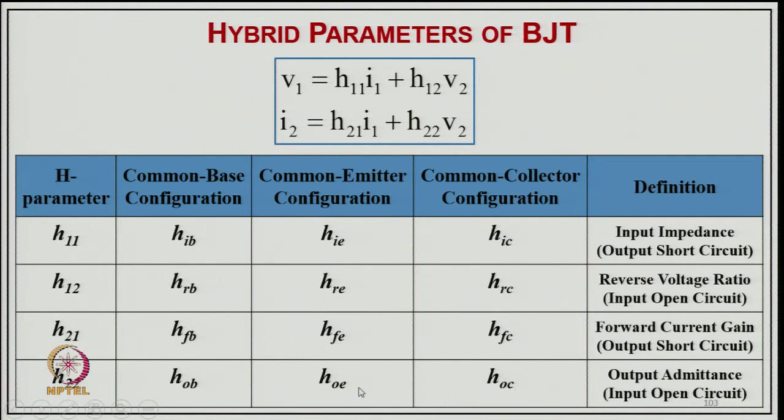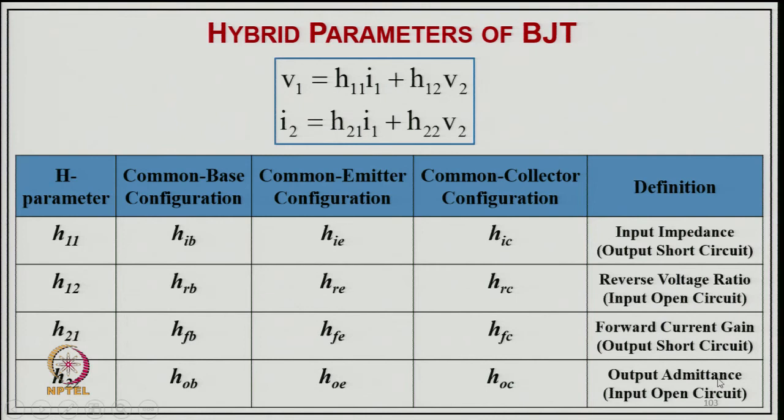And similarly for common collector configuration, H11 is HIC, H12 is HRC, H21 is HFC, and H22 is HOC. And we normally call these input impedance with output short circuited, reverse voltage gain when input circuit is open, forward current gain with output short circuited, and output admittance with input open.